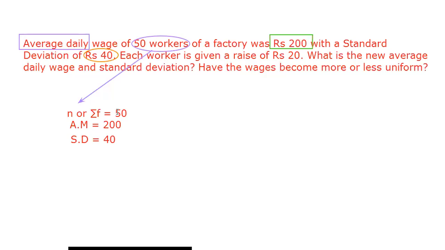And we need to compare that answer with this one, whether there is an increase or decrease, whether the wages have become more or less uniform. That is what we have to find out.